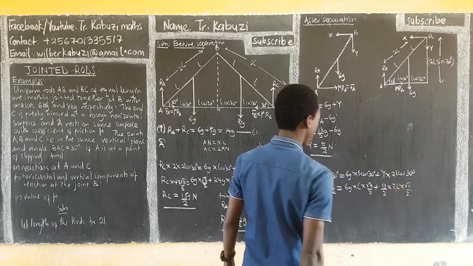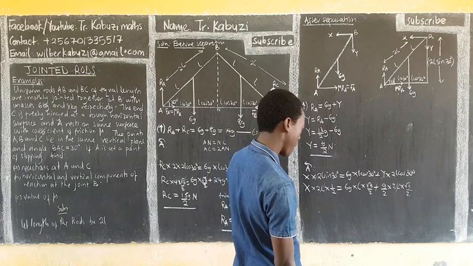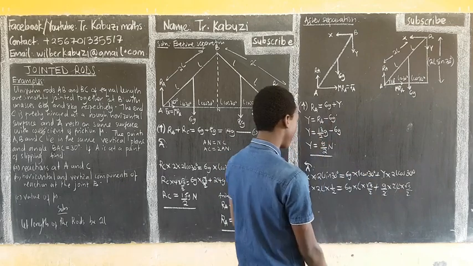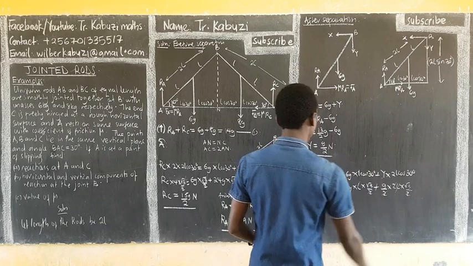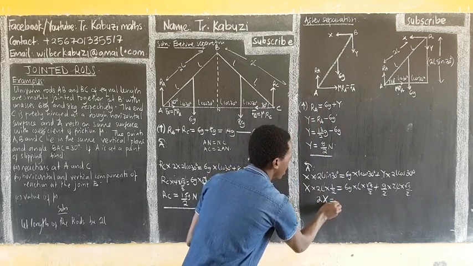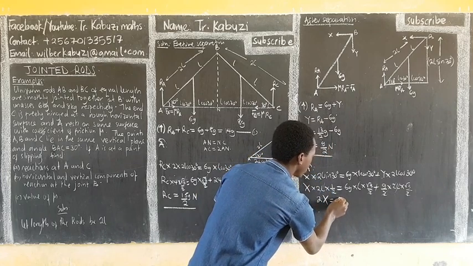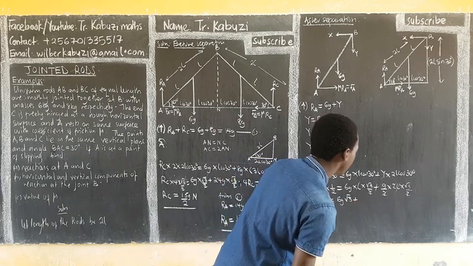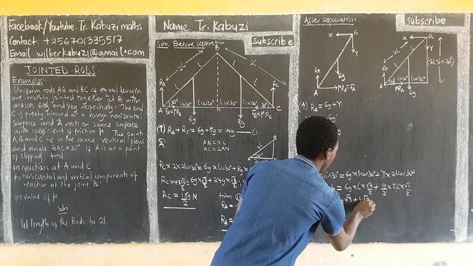I cancel that L. These 2 cancel with this. Then you multiply through by 2 here, by 2 here, by 2 here. So the only thing surviving here is 2 factor x, equaling 6b root 3, plus, here one is surviving, b root 3.